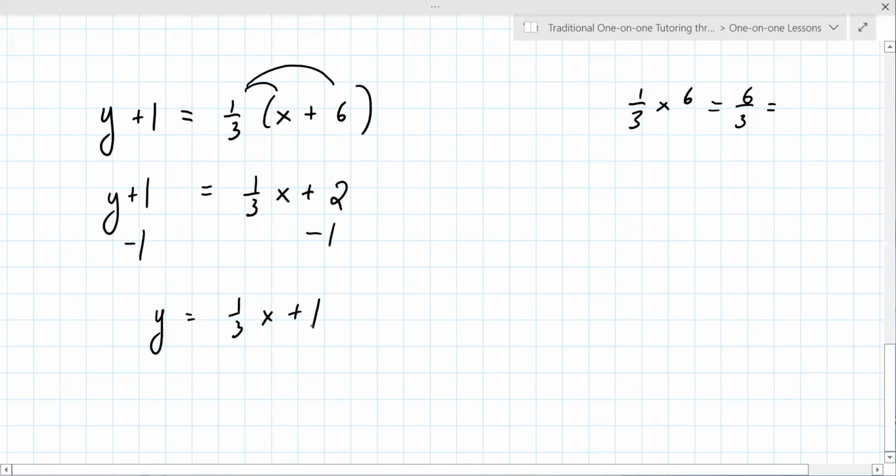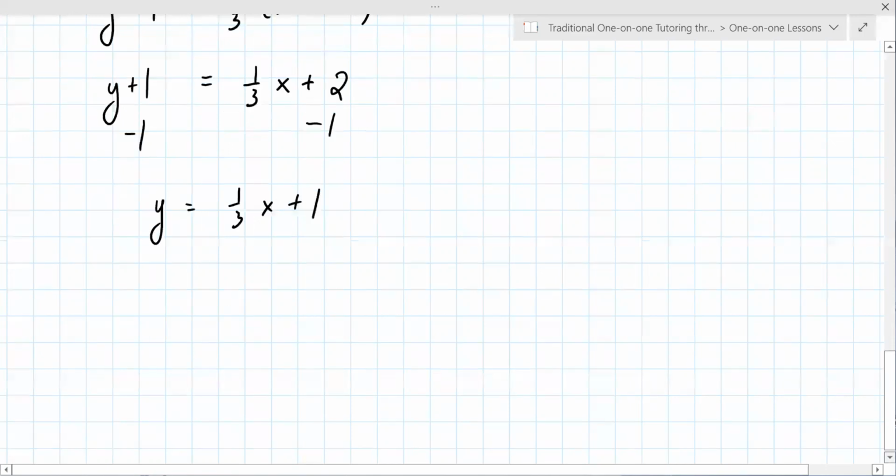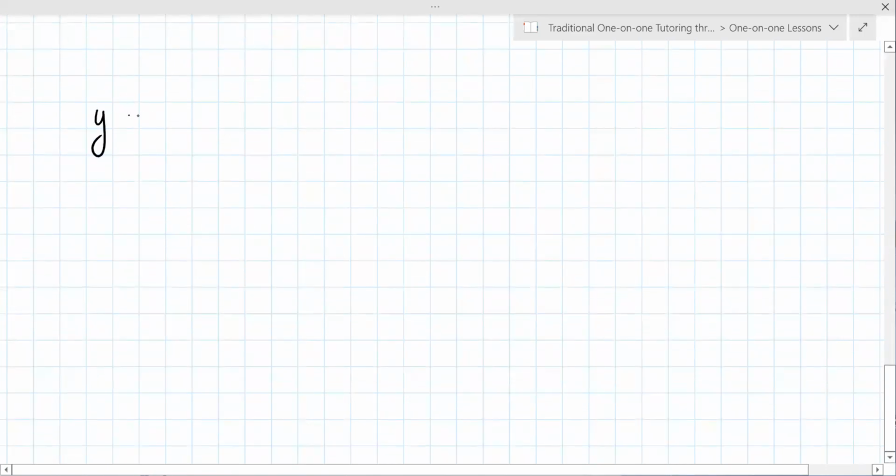All right. Do you want me to give you a problem to try? Yeah, sure. Do you have this written down, or are you going to want to say that again? Yeah, I do. Okay. y minus 5 equals 1/2 x plus 10.